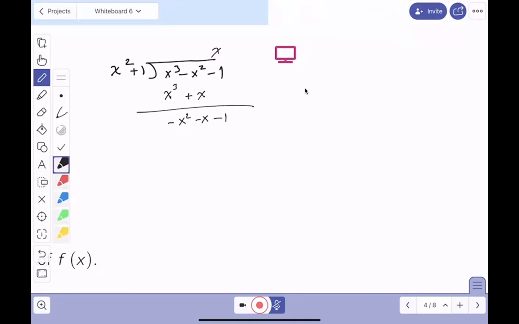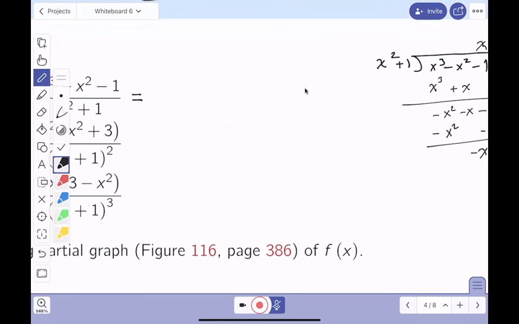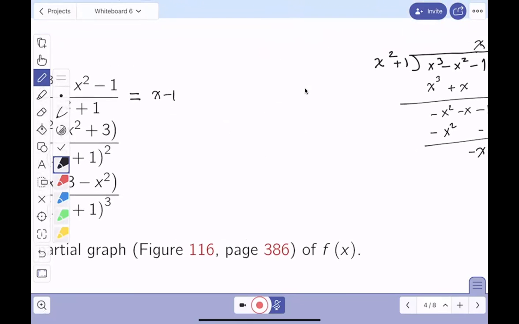I didn't mean to do that. -1. That would give me minus x squared minus 1. And what do you get there? Well, you just get minus x. All right, let me write that down. So you get x minus 1 minus x over x squared plus 1.